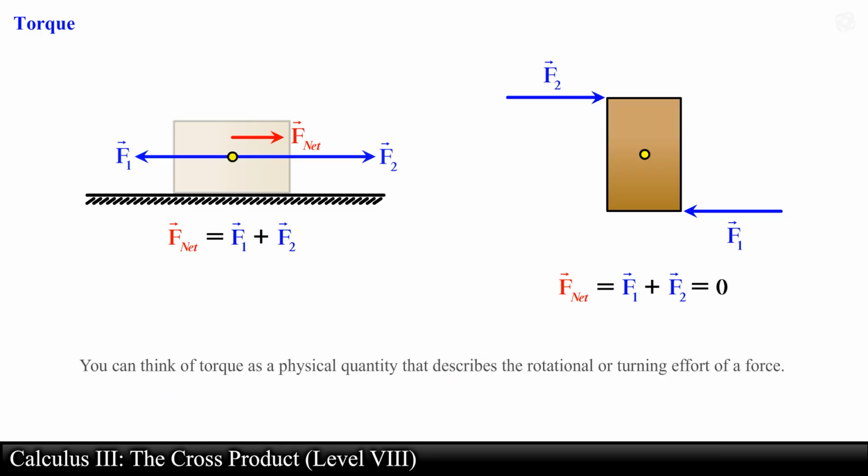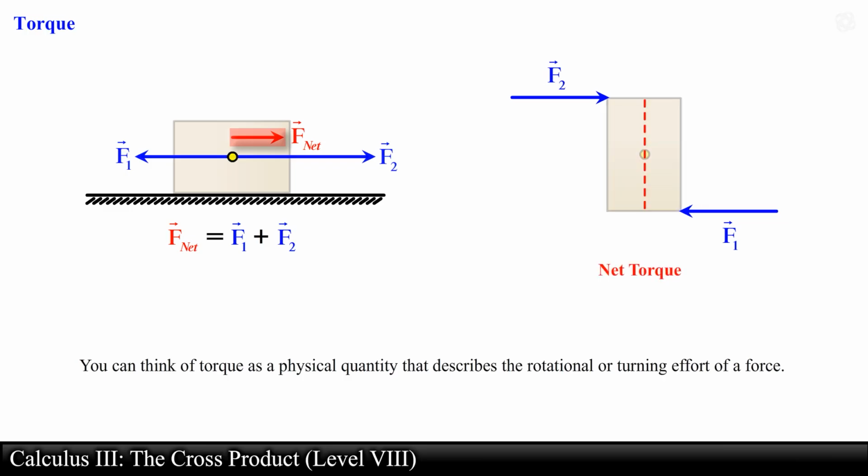You can think of torque as a physical quantity that describes the rotational or turning effort of a force. Just like the net force acting on a body gives rise to a linear acceleration, the net torque on a rigid body gives rise to an angular acceleration.